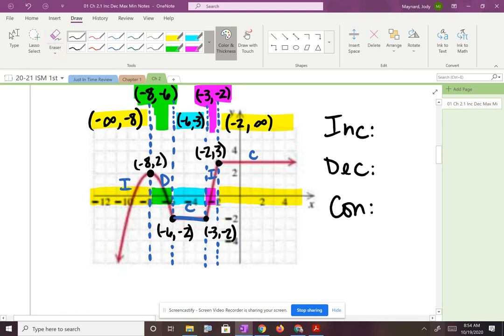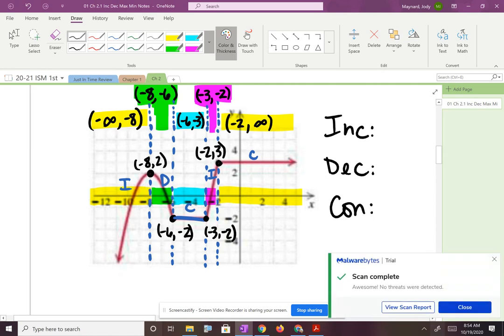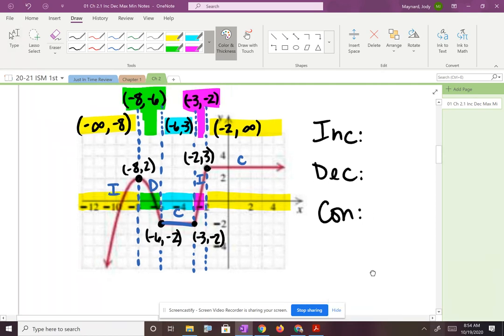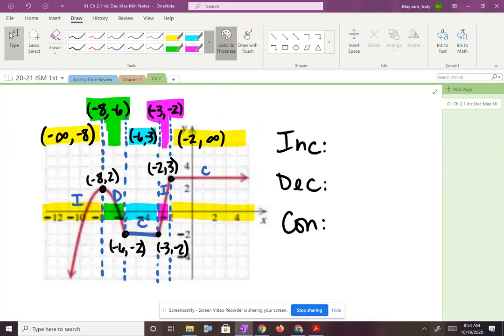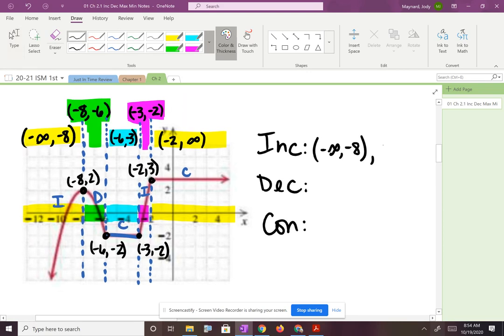Okay, now you really just have to match the intervals. So here, we are increasing at the first yellow one and at the pink one. So we are increasing from negative infinity to negative 8, and we are increasing from negative 3 to negative 2.